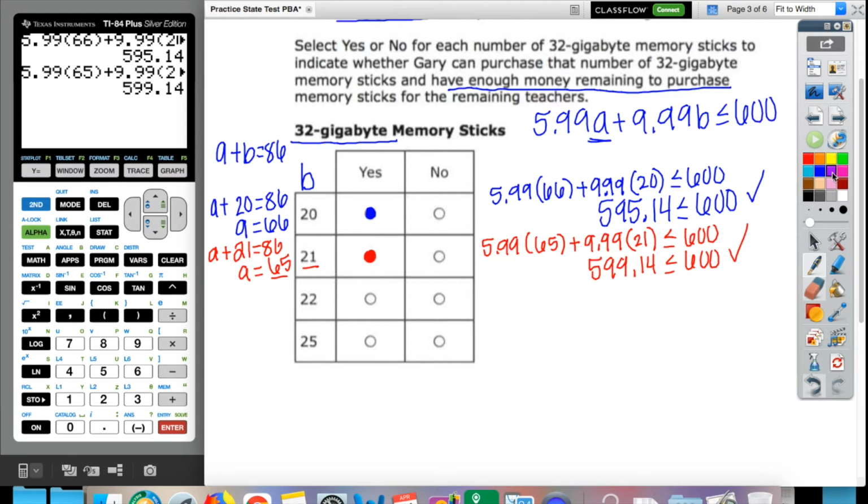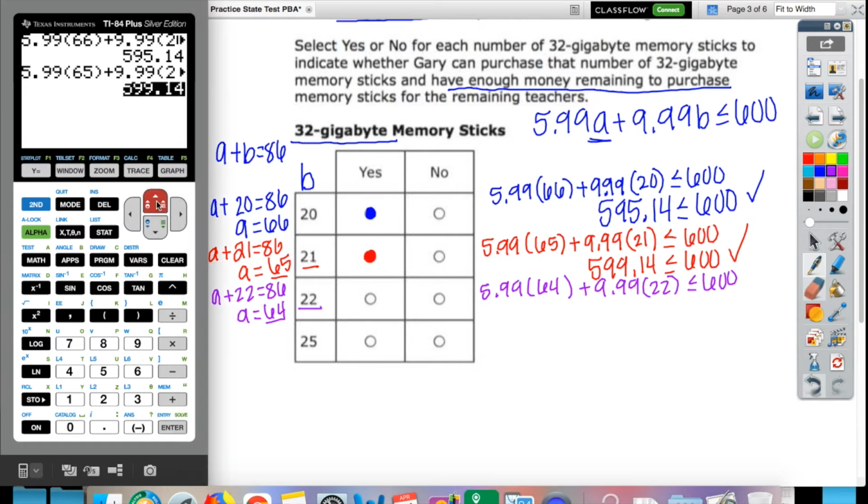Okay, number 22. That's our B value. So again, we need to find that A value. So I'm going to subtract the 22 out, and that'll give me 64. And then I can plug in 64 and 22. So 599 times 64 plus 999 times 22 is less than or equal to 600.